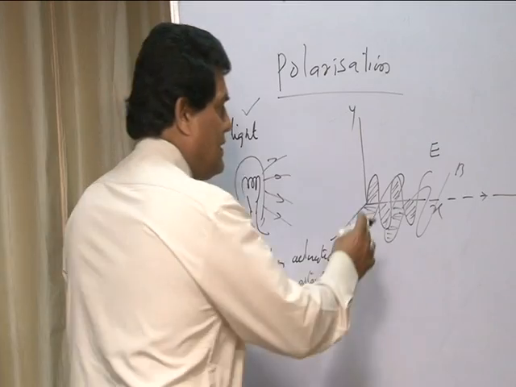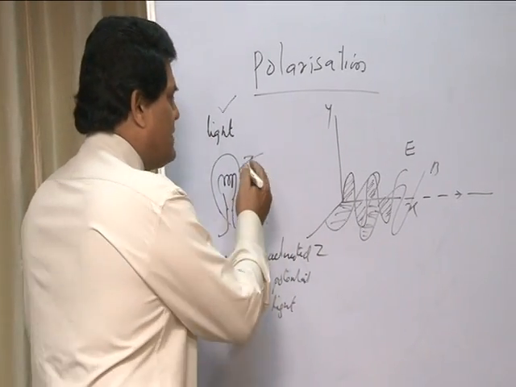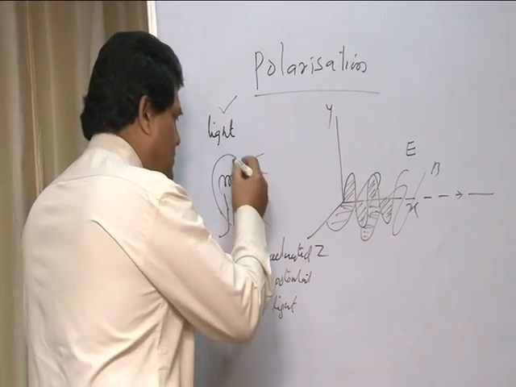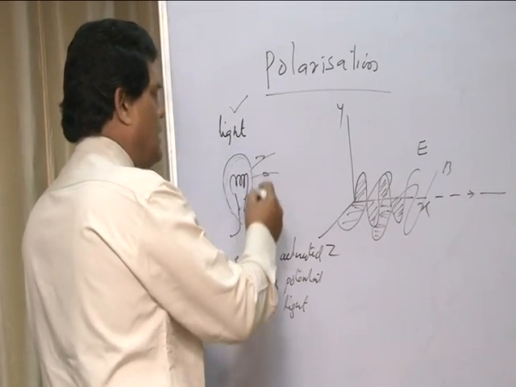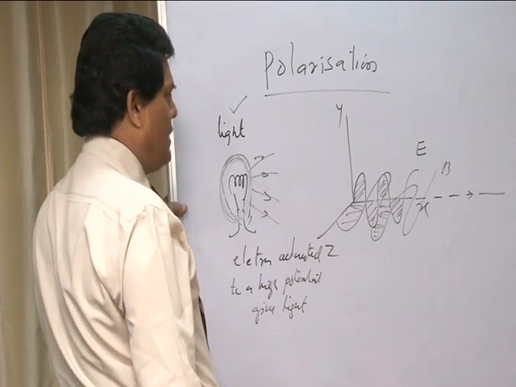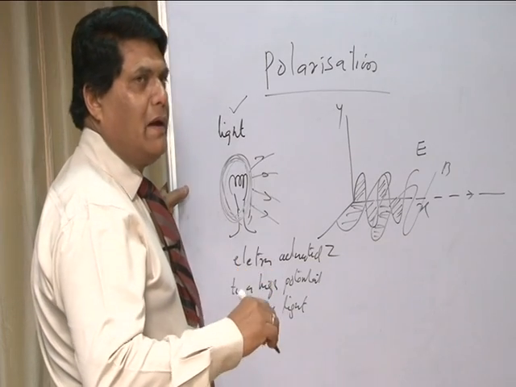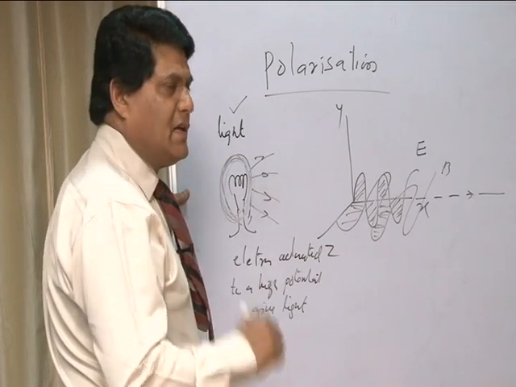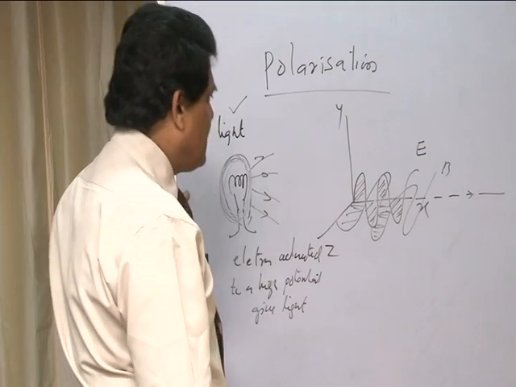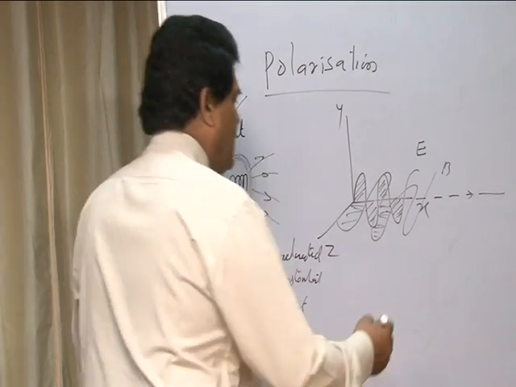So this is the case of a single electron which emits light. Now from the source there are millions and millions of electrons emitting light, and each electron is electromagnetic in nature. If that is the case, then if you can see the light, it looks like this.